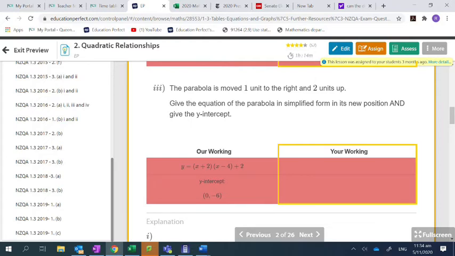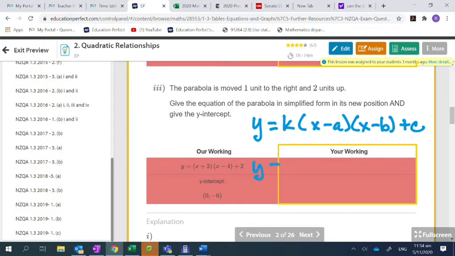All right, give the equation of the parabola in its simplified form in its new position and give the y-intercept. Okay? So remember the new pieces of the equation. We have y equals k times x minus a, x minus b, plus c if there is one, right?